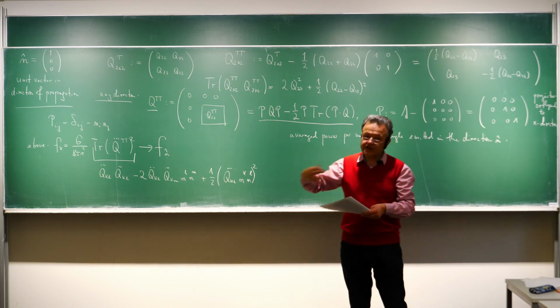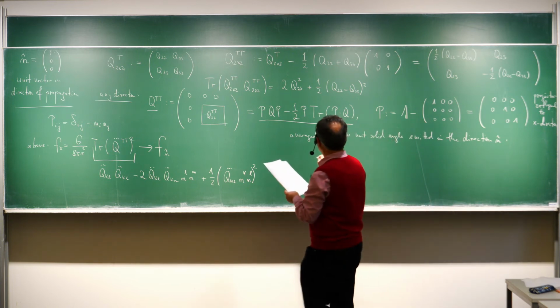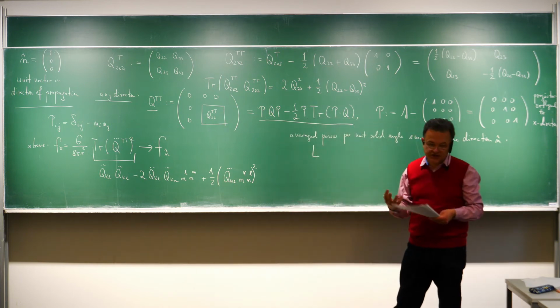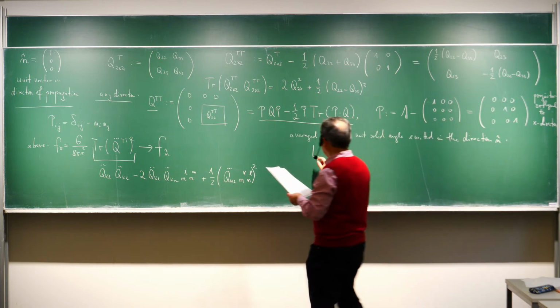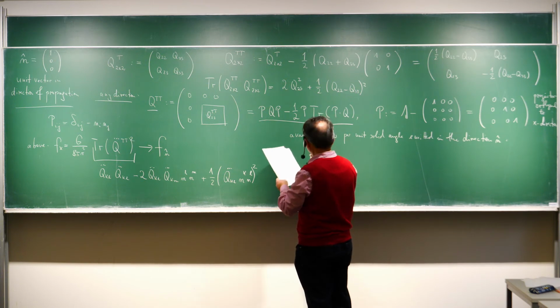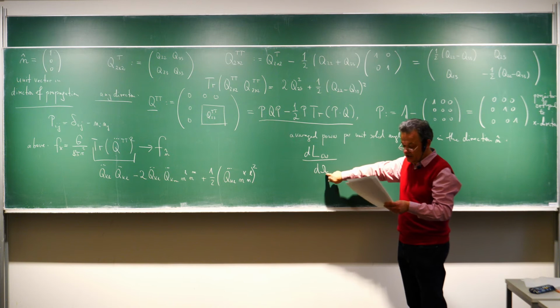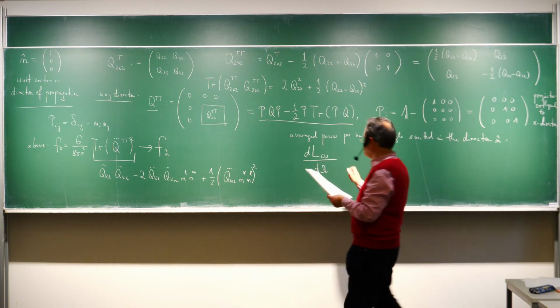So power is energy per time. I call this L also because it's a luminosity in astronomy, L gravitational waves. So this is the power emitted per unit angle, and this is the spherical angle omega in a certain direction.